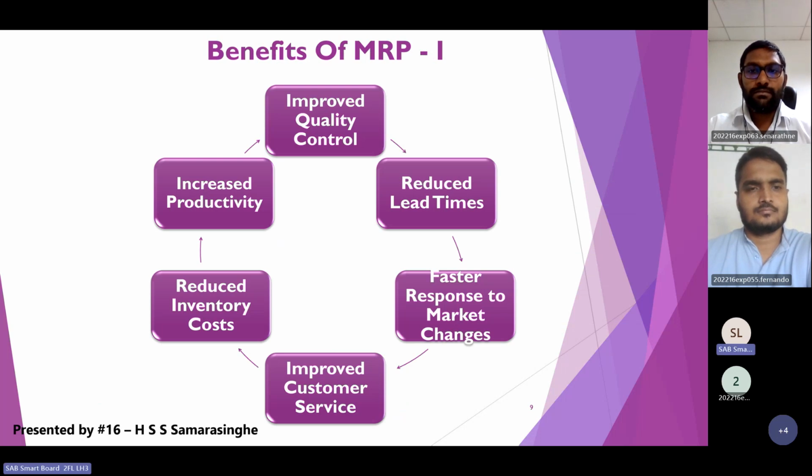Now we are going to look at the benefits of MRP1. Those are improving quality control, faster response to market changes, improving customer service, reducing inventory cost, and increasing productivity.